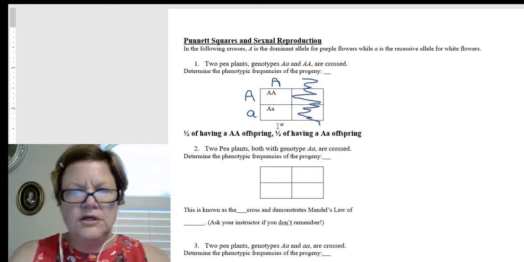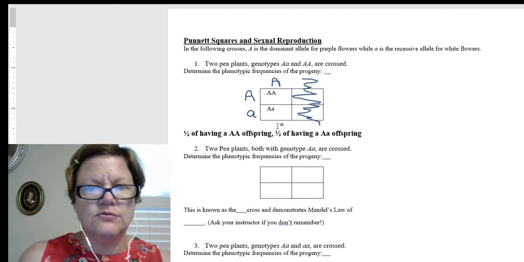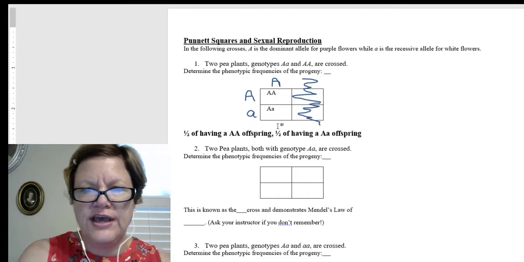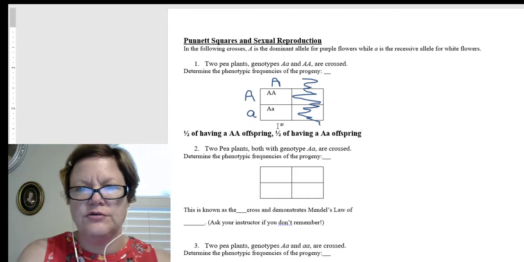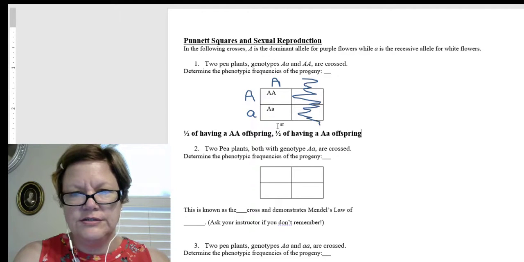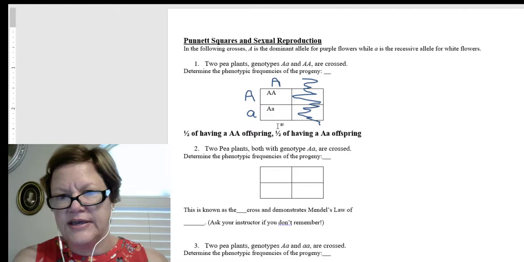But be careful. Only in large data sets would you probably come near to having that kind of ratio. In other words, if 2 individuals of this genotype have 2 children, it does not mean that the one child will definitely be big A, and the other child has to be big A, little a.